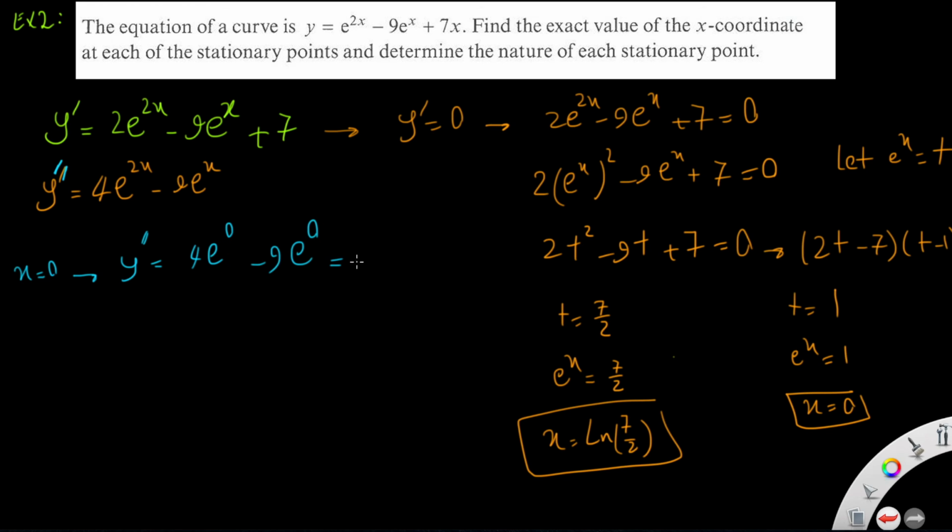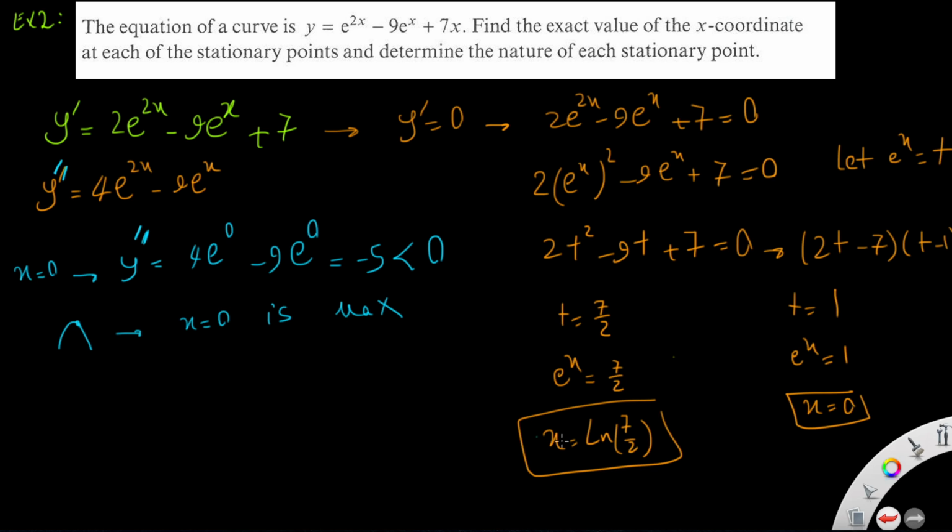So it will be 4 minus 9, which gives you negative 5, which is less than 0. When the second derivative is less than 0, it means that the curve bends downwards at that point. So x is equal to 0 is the x coordinate of a maximum point.